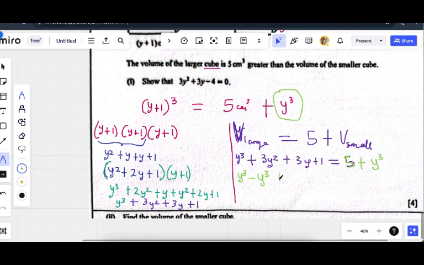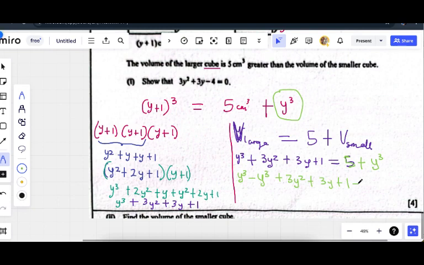Then plus 3y squared plus 3y plus 1. Then this 5, we also bring the 5 to this side.